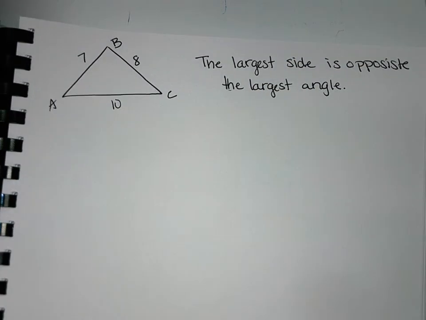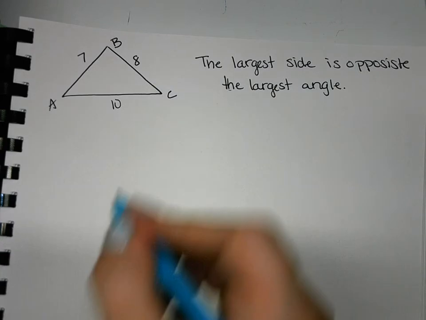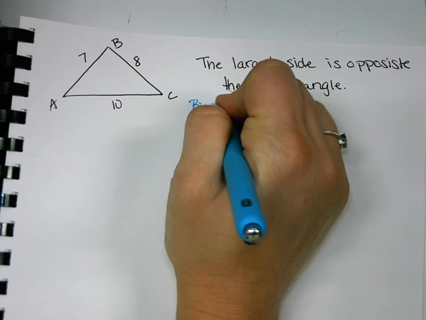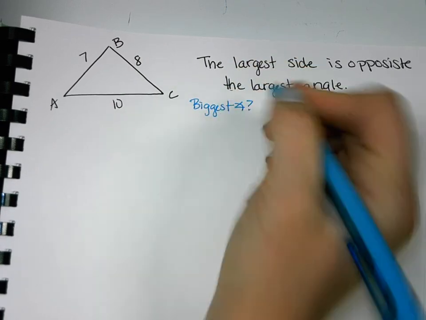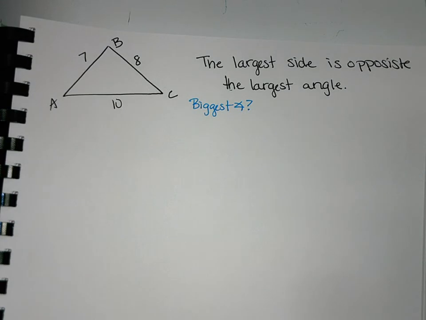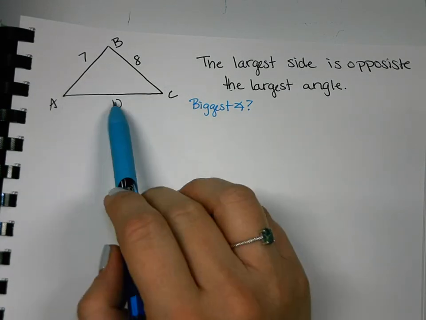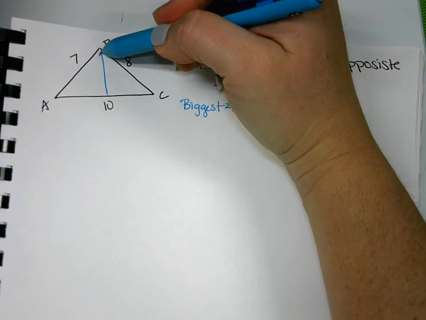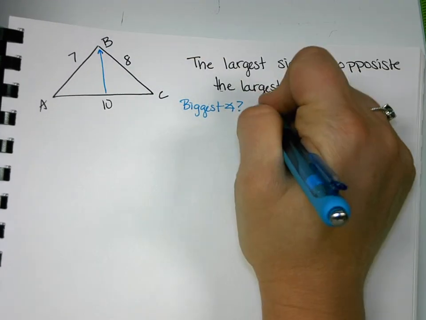So when I look at my picture here, I might be asked, what's my biggest angle? So to find the biggest angle, I'm going to start by looking for my biggest side. My biggest side here is 10. So if I go opposite of 10, angle B would be my largest angle.